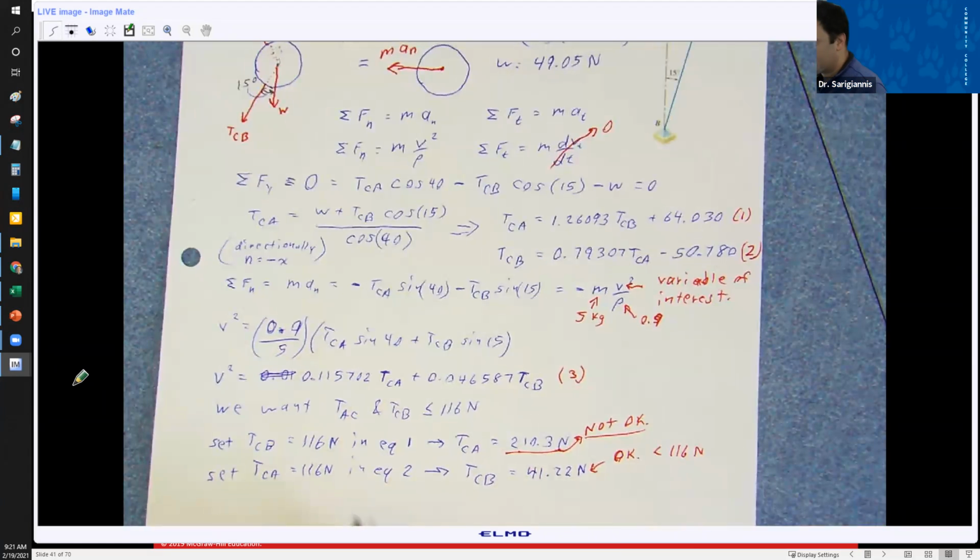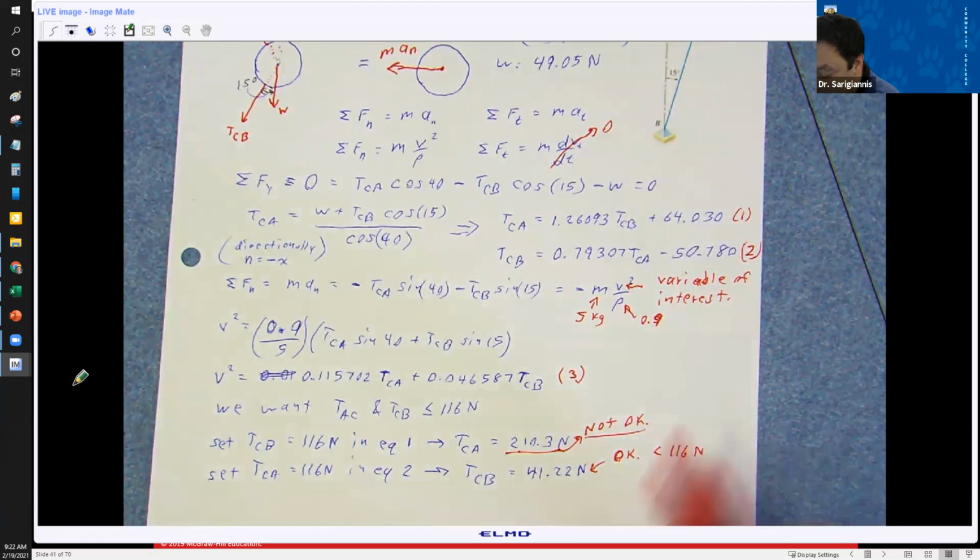So this tells us that TCA is the limiting tension for the upper limit, 116. So TCB will never go to 116 newtons. It's going to go to 41.22 newtons, assuming you reach a maximum. This is the limit, 116 newtons. So TCA limits us from basically our highest velocity, right?